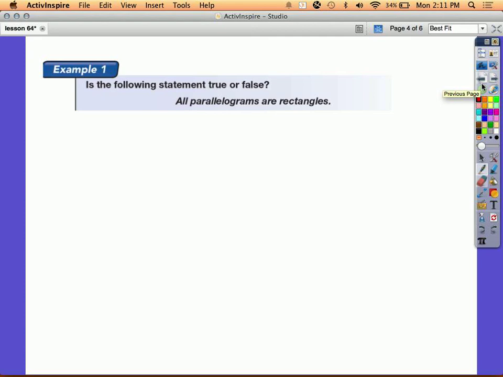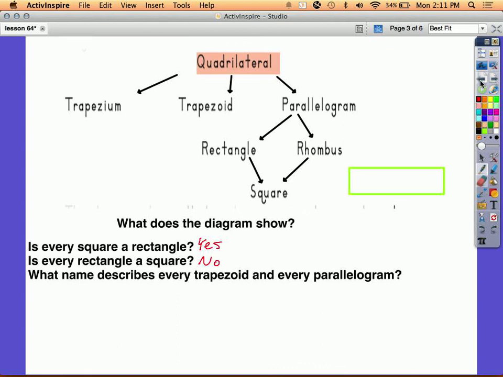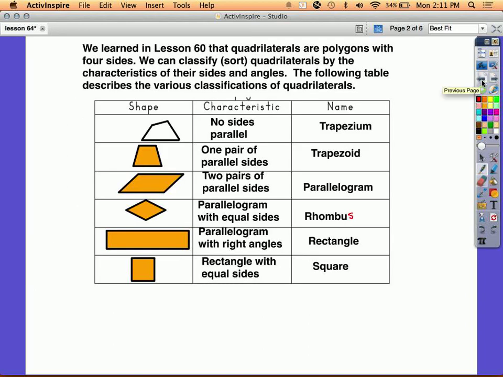So is the following statement true or false? All parallelograms are rectangles. So every parallelogram is a rectangle. If we look at this, it kind of shows that all rectangles are parallelograms, but it doesn't show that all parallelograms are rectangles. And to show you a parallelogram that isn't a rectangle, we can look right there at parallelogram. Just has to have two pairs of parallel sides.